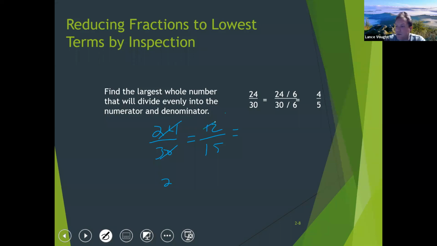Well, then you go to 4 over 5. And then bam, 5 is a prime number, and 4 is not divisible by 5, so you're done. And since 2 times 3 equals 6, that's how we were able to get this 6 here as the greatest common divisor.